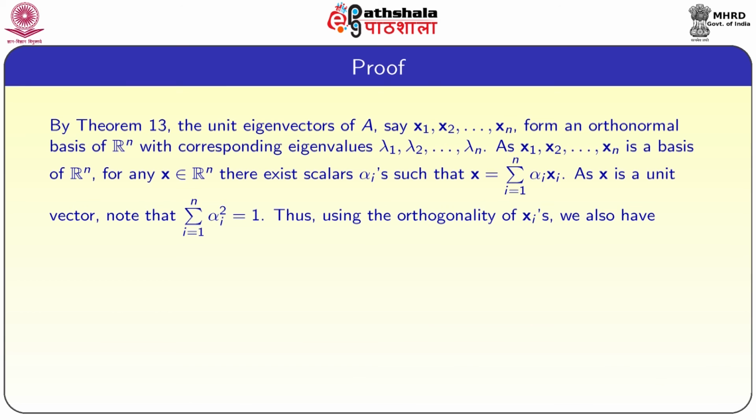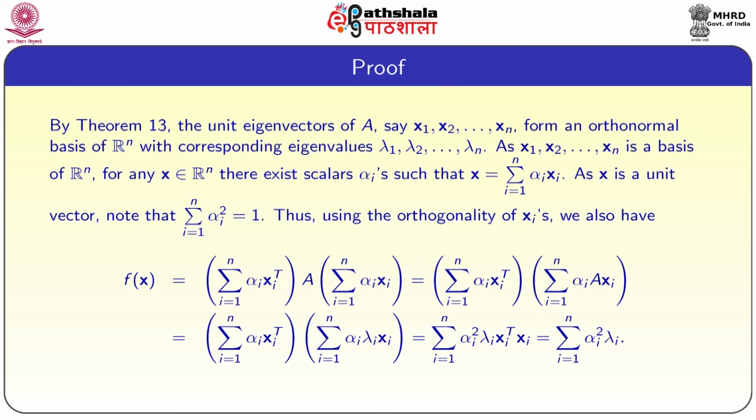As x is a unit vector, note that the sum over i from 1 to n of alpha i square equals 1. Thus, using orthogonality of xi's, we also have f of x equal to the sum of alpha i xi transpose into A into the sum of alpha i xi, which is equal to the sum of alpha i xi transpose into the sum of alpha i A xi.